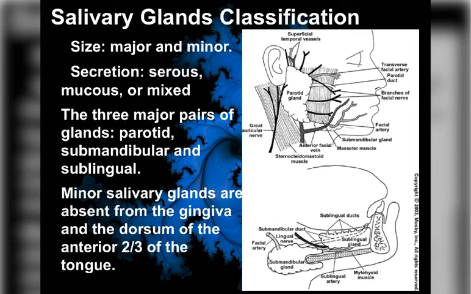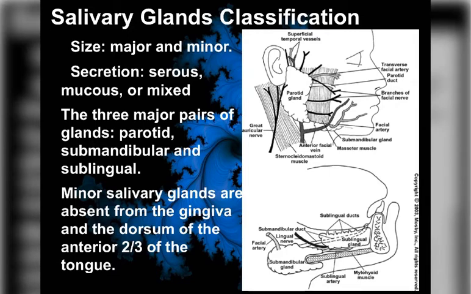Minor salivary glands in the anterior region of the oral cavity, like the labial glands in the submucosa of the lip, the minor salivary glands in the cheek area, the buccal glands in the submucosa of the cheek, the minor salivary glands in the alveolar mucosa, and the minor salivary glands present in the floor of the mouth are mixed minor salivary glands.